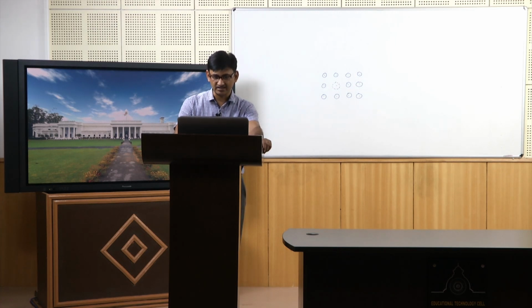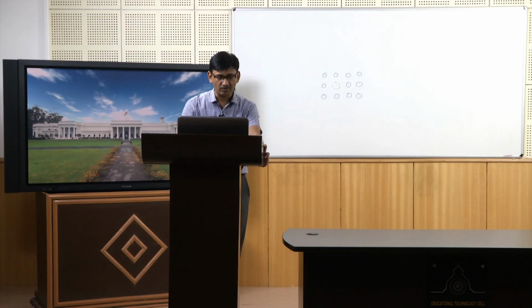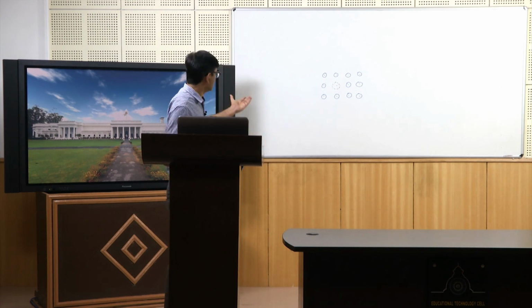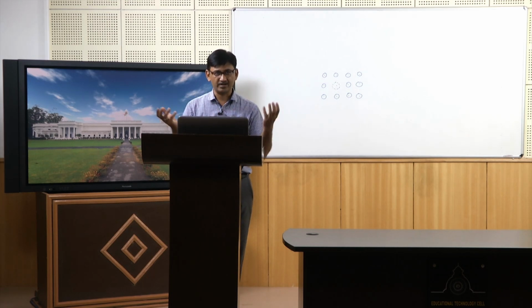The number of vacancies will be given by an Arrhenius type of relationship, where Nv is the number of vacancies, Nv = N exp(-Qv/kT). N is the number of lattice points, or atomic sites, which in this case you can see there are 12 sites like that, and Qv is the activation energy required to create the vacancy.